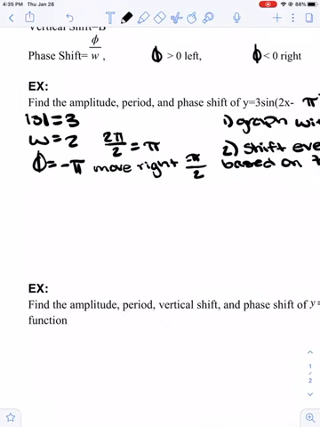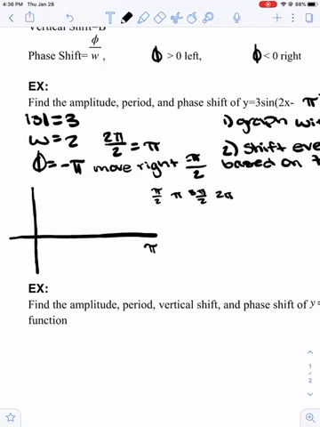I'm going to graph it first with our period of pi. So I'm going to graph the sine function with a period of pi and an amplitude of 3. If we have a period of pi, and then remember, we have the points pi over 2, pi, 3 pi over 2, and 2 pi.